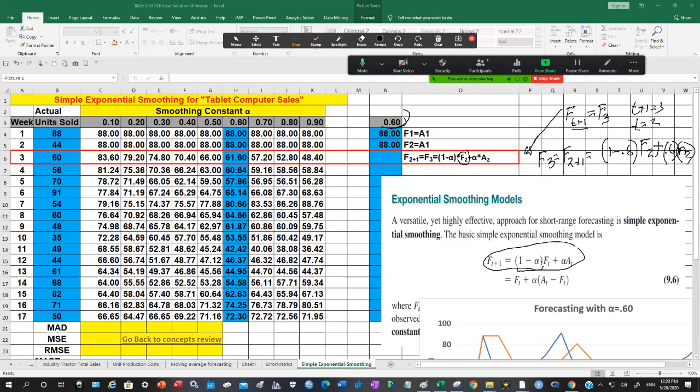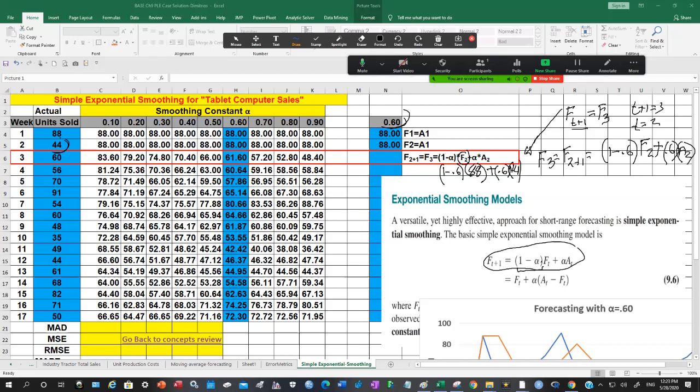So here we have 1 minus 0.6 times 88 plus 0.6 times A of 2. A of 2 is 44. Times 44. And this will give us 61.60.